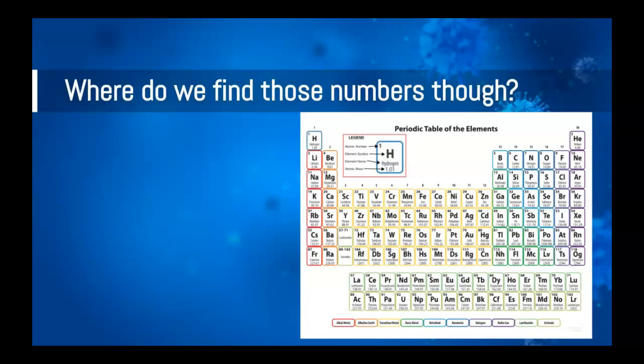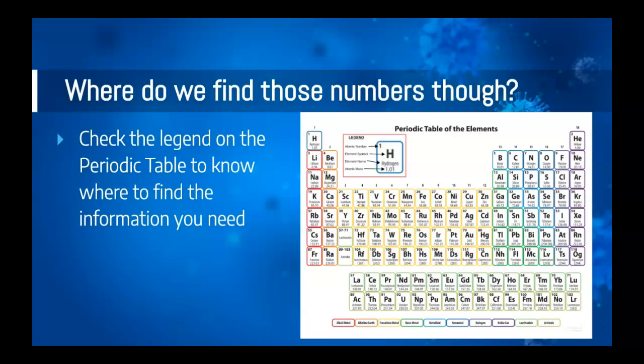Now, if you look at any periodic table, it will have a legend on it. And we're going to spend some more time later this week looking at the periodic table in a little bit more detail, but for now, what we're going to do is just look at what kind of information we can find right here. So if we look at the legend, it will tell you what each part of that means.